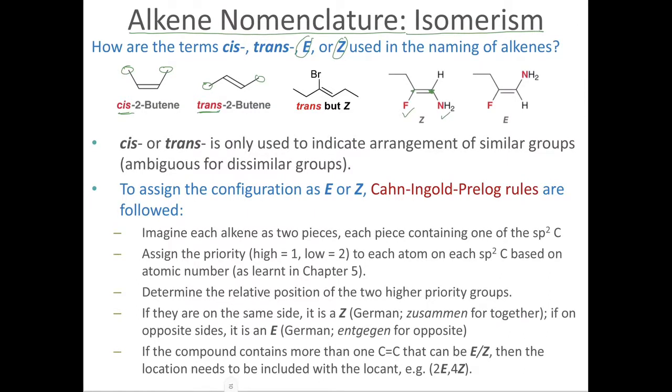If the highest priority groups are on the same side, we use Z configuration. If the highest priority groups are on different sides, we use E configuration. So notice in this case, these priority groups are not similar, so we cannot use trans or cis. Okay?